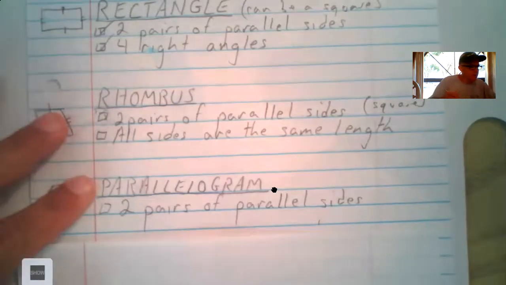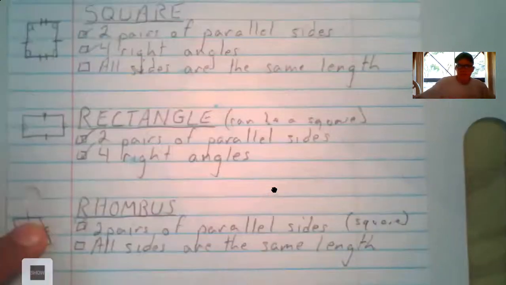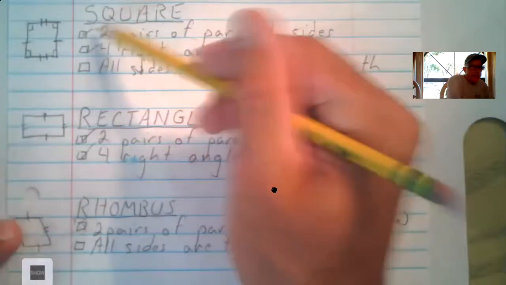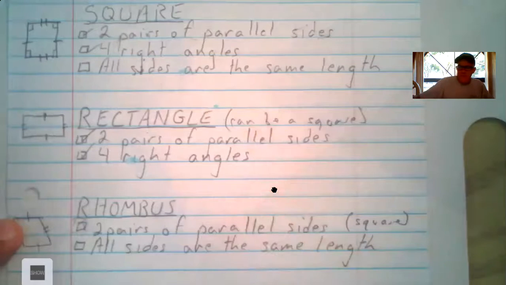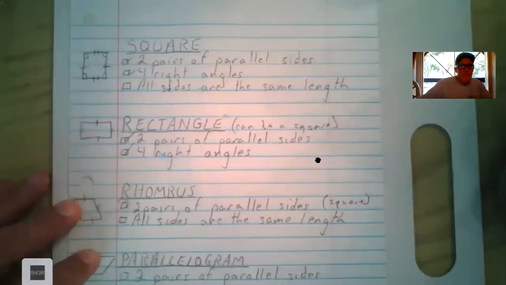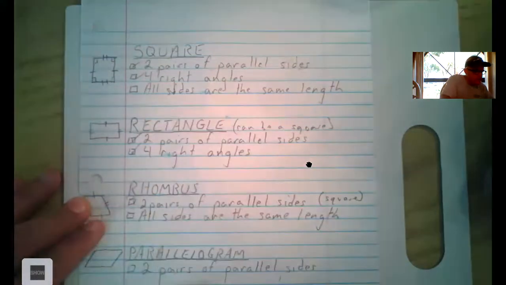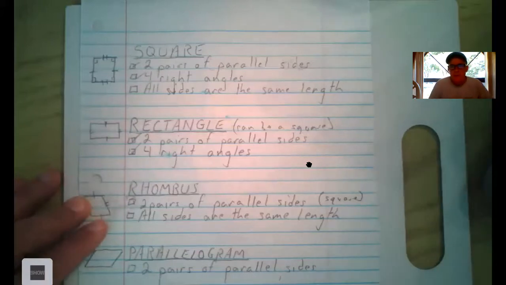Okay, so let's see. We come up here. Let me back this up a little bit. I see that with the square right there. So parallelogram, two pairs, that's it. So can a parallelogram be called a square too?